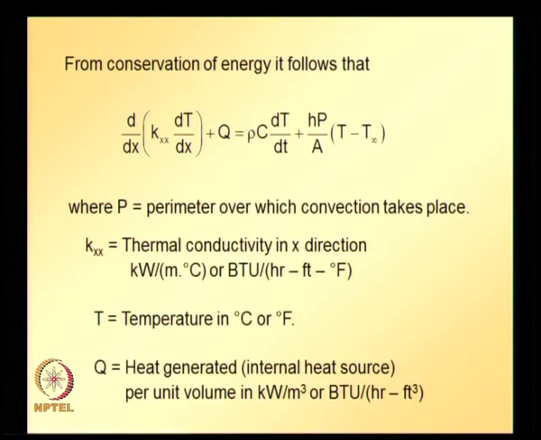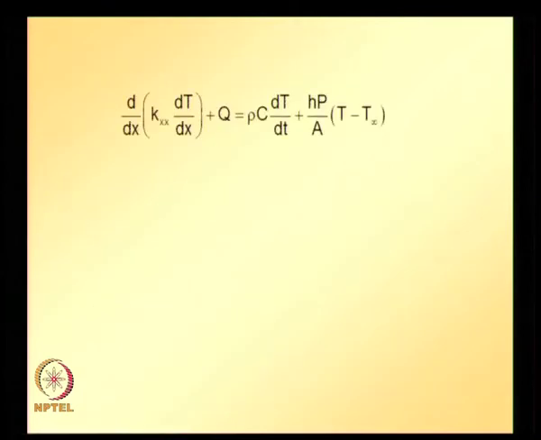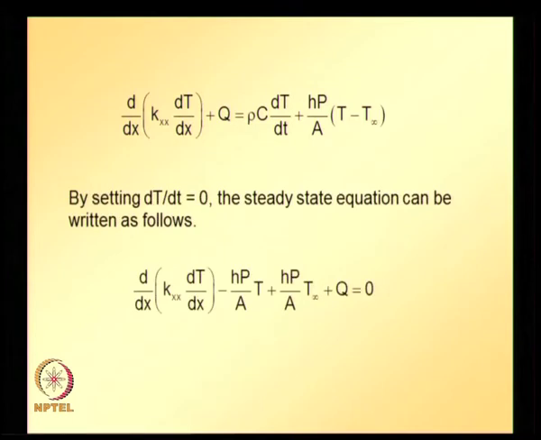So now in this differential equation, if we set derivative of T with respect to time equal to 0, we get in this equation, by setting dT over dt equal to 0, steady state equation can be obtained, which is shown there.